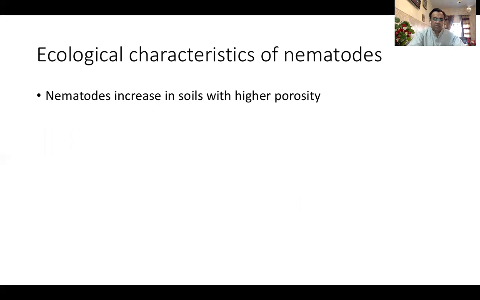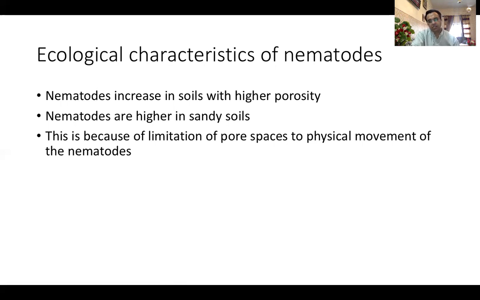The soil structure has a very important impact on nematodes. Nematode population is higher in the soil with higher porosity. For example, sandy soils are more porous, so they have more nematodes. The reason why the nematodes are higher in soil with higher porosity is simply because of pore spaces, because they can only move through these pore spaces.